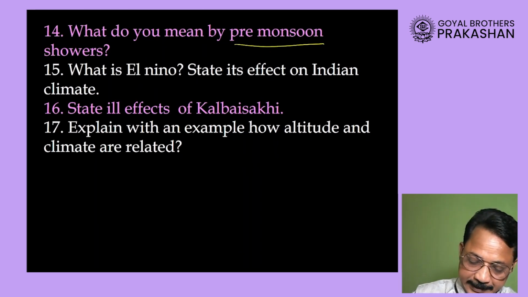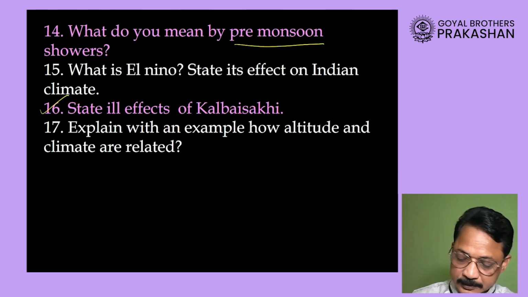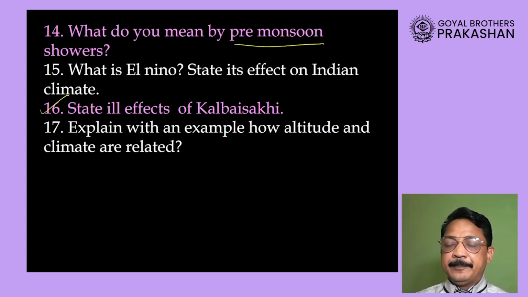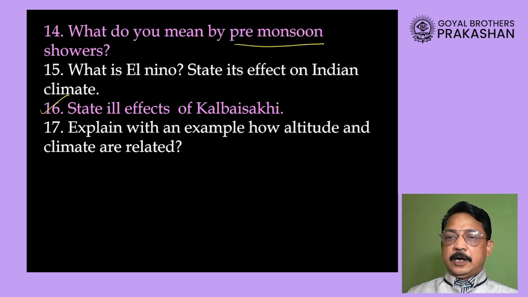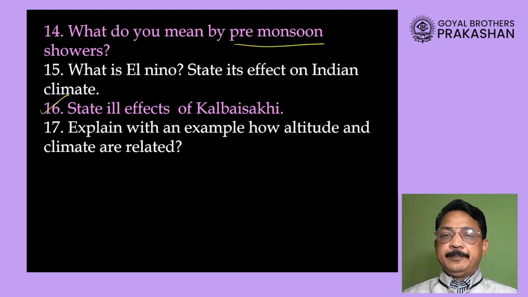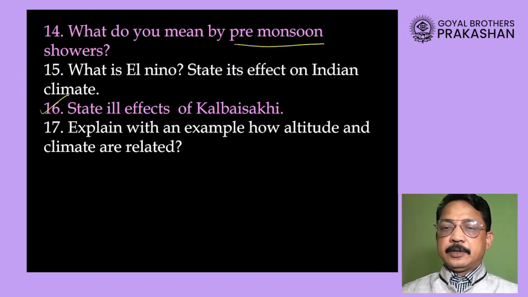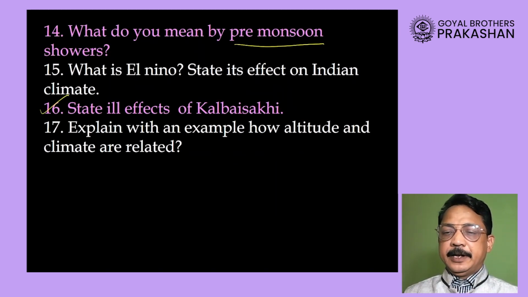Now students, the next question is, state ill effects of Kalbaisakhi. Now, I already told you that Kalbaisakhi is a thunderstorm associated with heavy rainfall. Now, how is it going to affect the life over there? Because it is a thunderstorm with a heavy rainfall, it is dangerous to life and property.